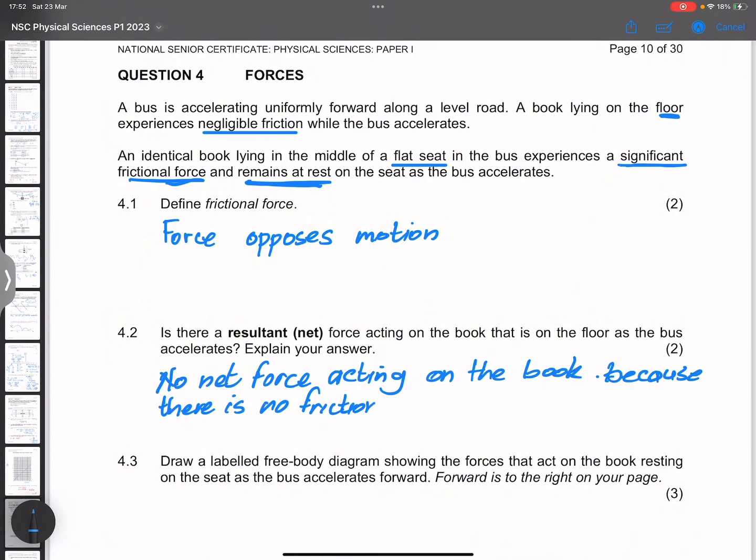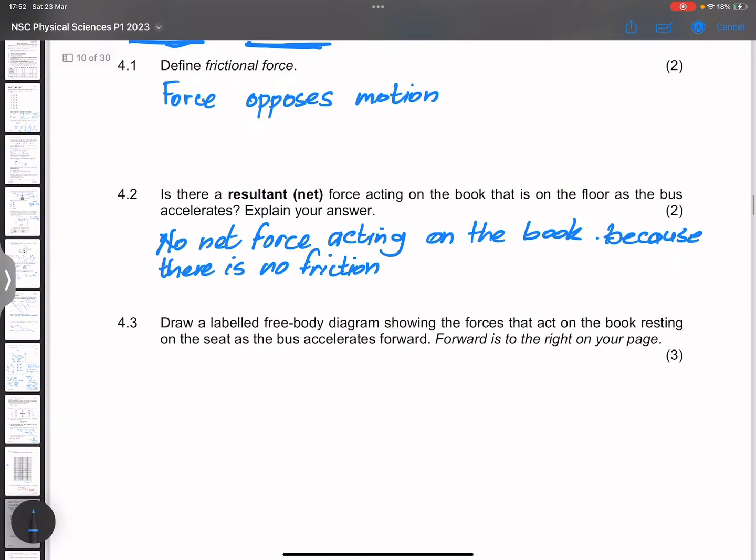Now they say to us, draw a labeled free body diagram showing the forces that act on the book resting on the seat. Now remember, the one that is on the seat does experience friction. They say as the bus accelerates forward, and forward is to the right of your page.